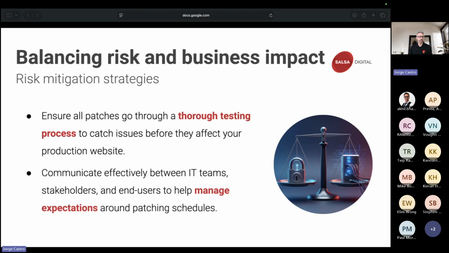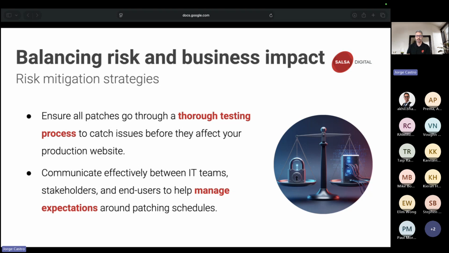Okay, so some risk mitigation strategies, and I might be stating the obvious, but don't just apply the patch. Manage the whole process from start to finish, right? Ensure that the patches undergo a very rigorous testing process, because this is your insurance policy.